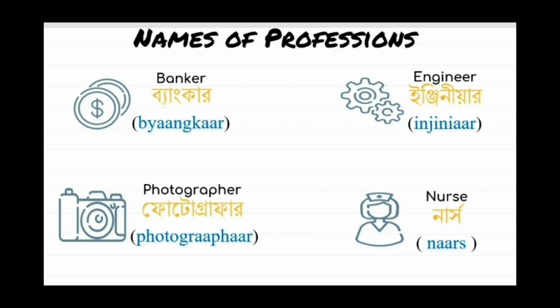So this is banker, the English word. Then with the Bengali letter, I have written the same thing, banker. Then here is the phonetic presentation of the same word. Again, with engineer, I have done the same thing. I have written the same thing thrice for all the 4 words.